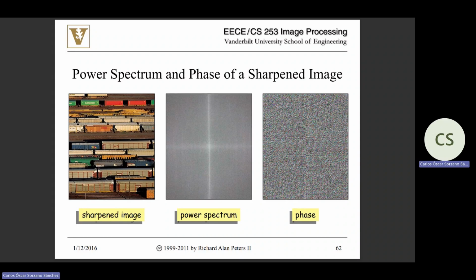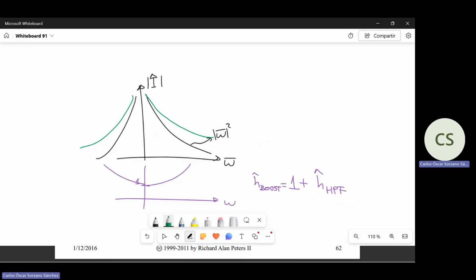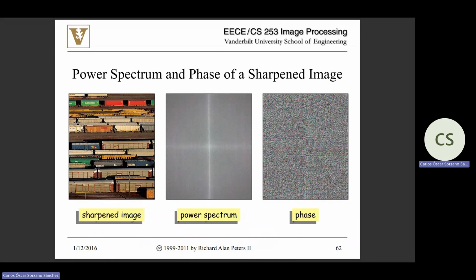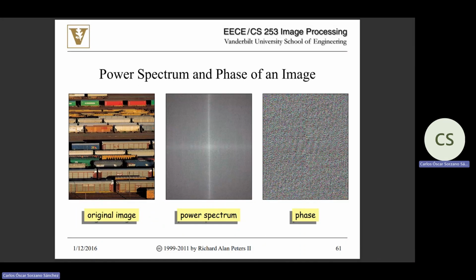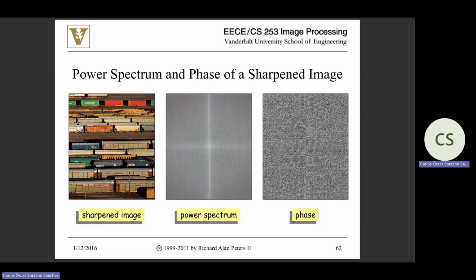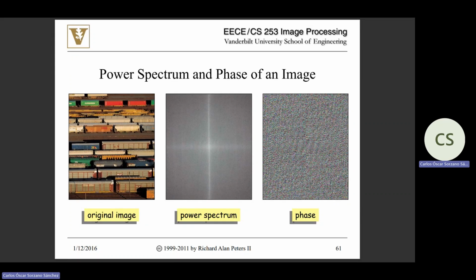When we started the visual system, we said we only see the edges. Now the edges have more energy because we have multiplied by something that gives more energy to the high frequencies. That is why we see better these boosted images than the original ones.